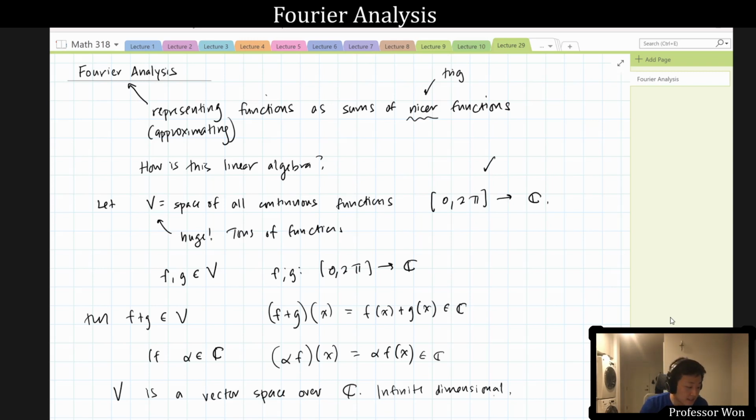There are just tons and tons of functions. But essentially what the power of Fourier analysis does is it identifies a really nice basis for this vector space.